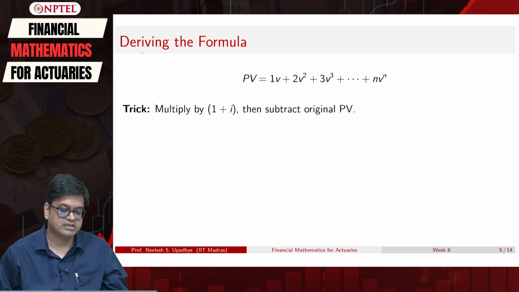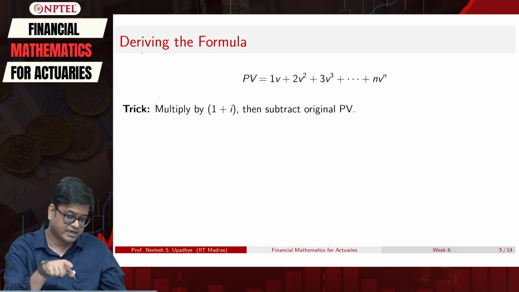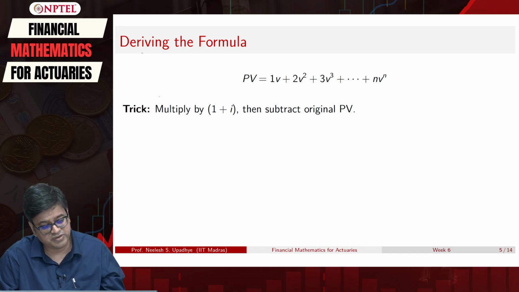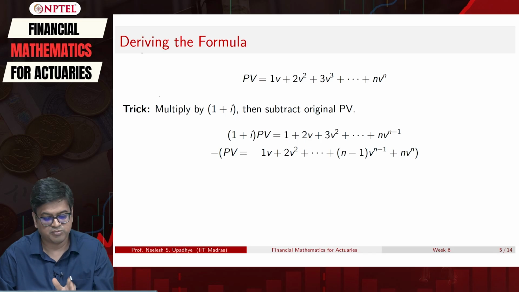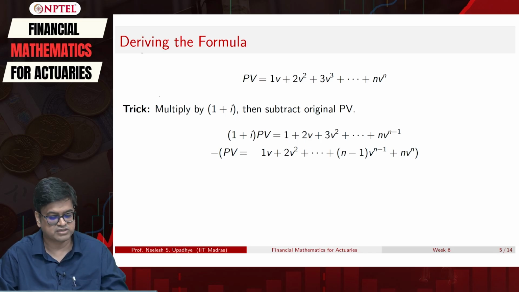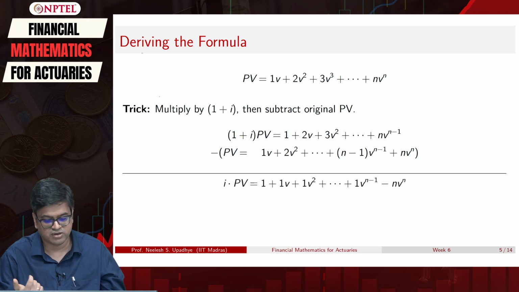So when I multiply by 1 plus i and subtract the original expression for PV, what I get is very simple. So I am actually calculating 1 plus i minus 1 times PV, so it is i times PV, and most of the terms will cancel themselves off.